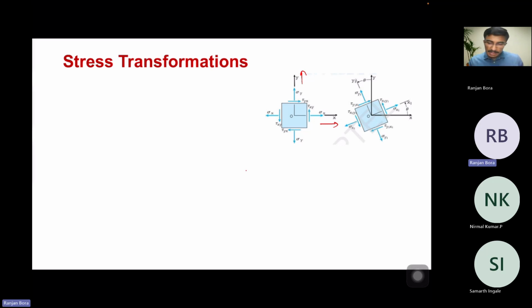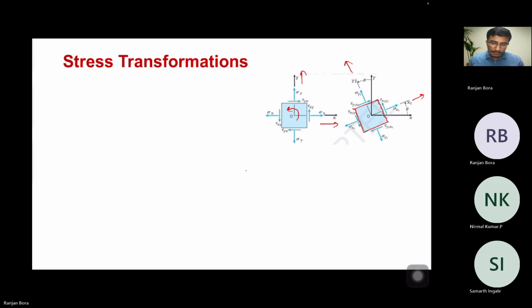So in this case, stress transformations means this is the initial state of stress given. Now, if we are rotating this element by an angle theta in the anticlockwise direction, then its new position will be something like this. Now we need to find the components along this x1 and y1 direction.